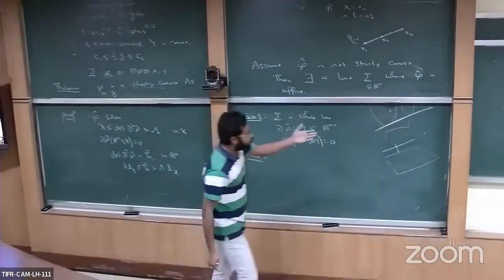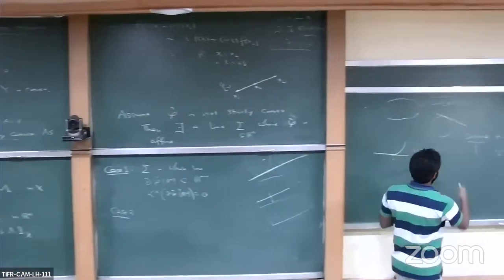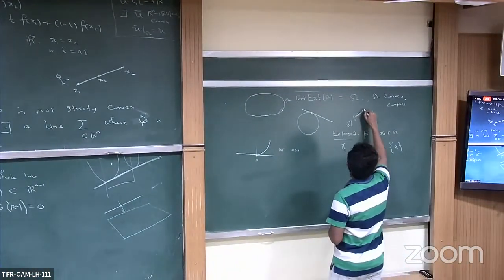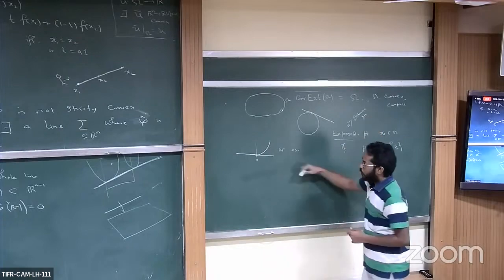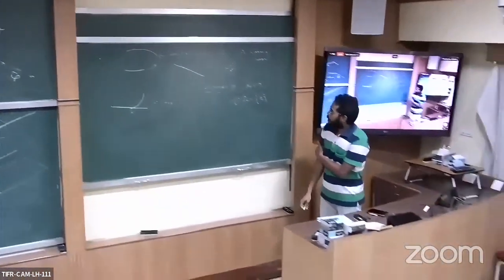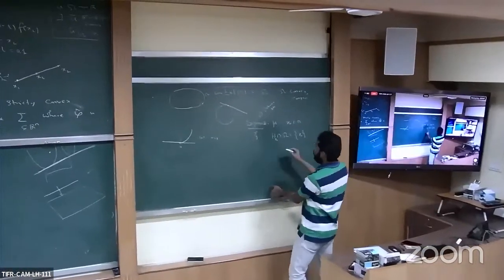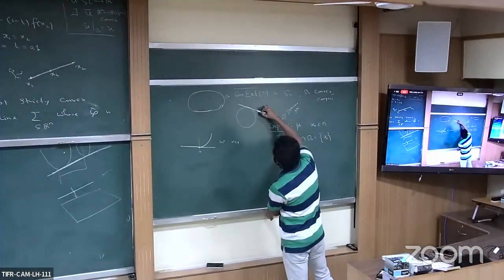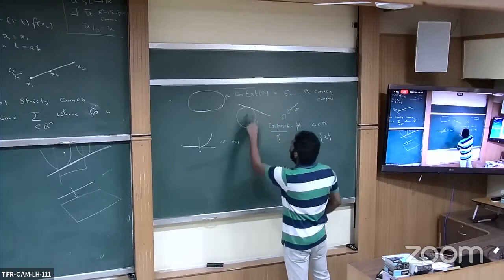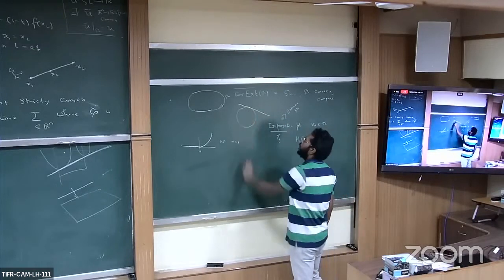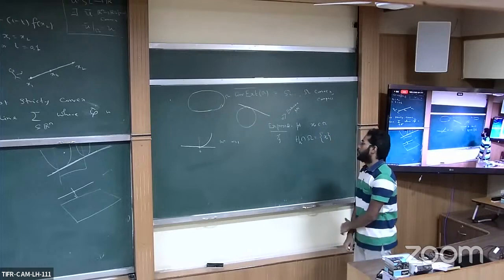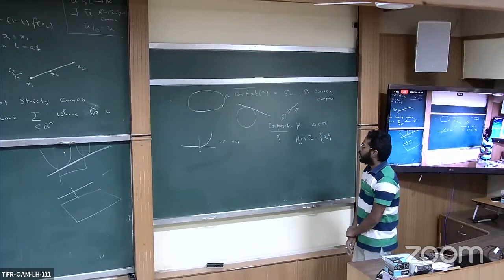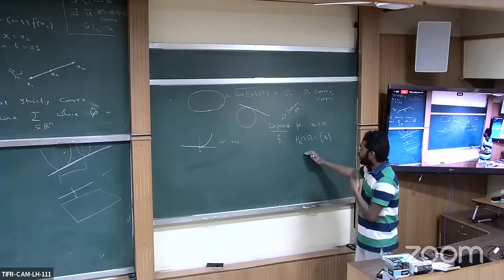And from this picture you see all the exposed points are extreme points, but the converse is not true. Of course, if you have a supporting hyperplane which contains only that point, it has to be an extreme point, right? You don't have any other option.